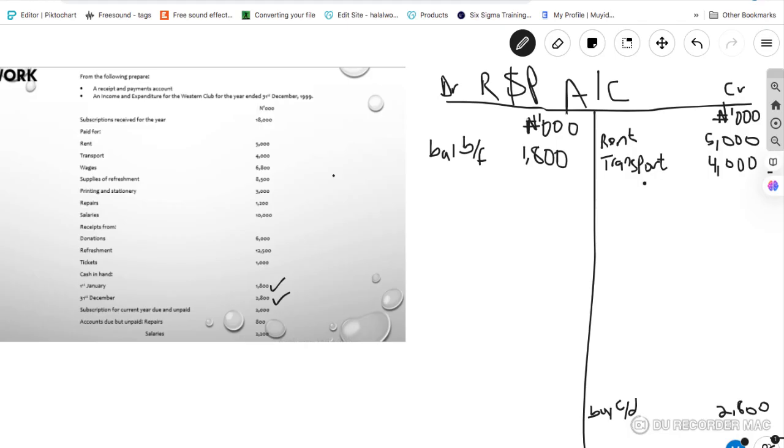We also have wages. This is 6,800,000. We also have supplies or refreshment. I'm going to call that supplies. This is a payment.